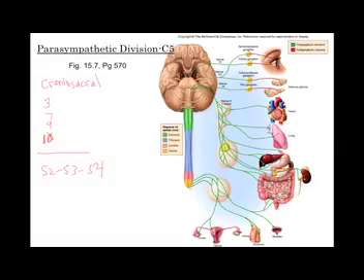Anything below this point here, we're going to have those sacral spinal nerves. So the descending colon, sigmoid colon, the rectum, urinary bladder, specifically the muscles of the urinary bladder, and then the reproductive organs for male and female will be innervated by S2, 3, and 4.